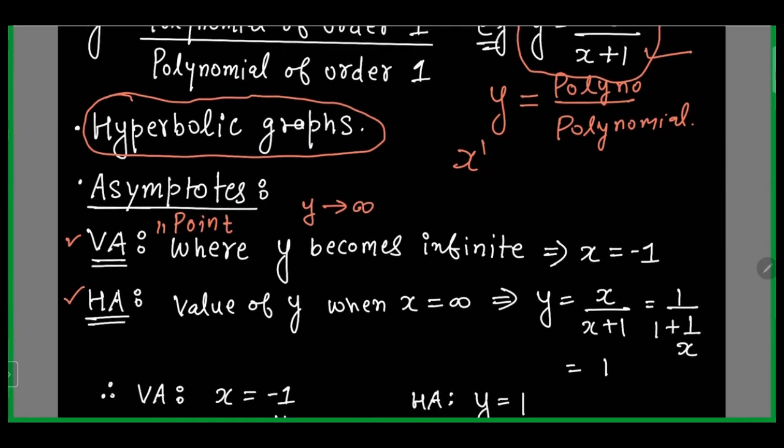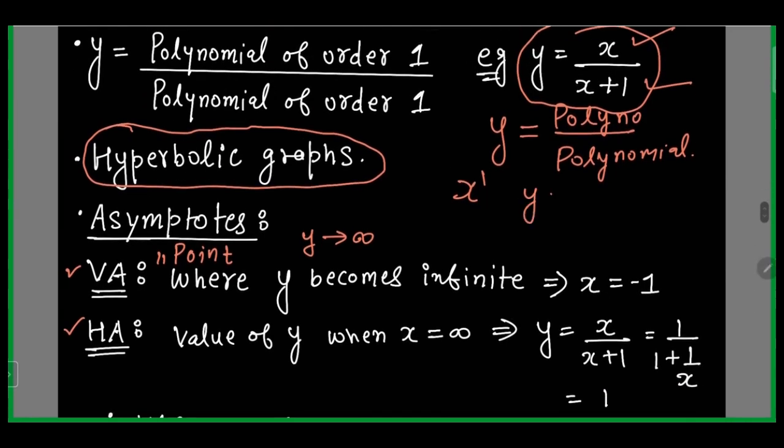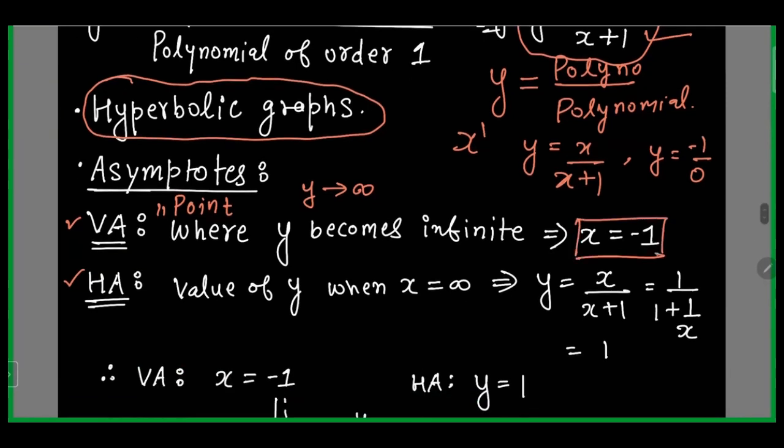So let's see where your function becomes infinity. If your function is x by x plus 1, and if you put x equals minus 1, your graph will become infinity. So at x equals minus 1, your y is becoming infinity. So x equals minus 1 is your vertical asymptote.